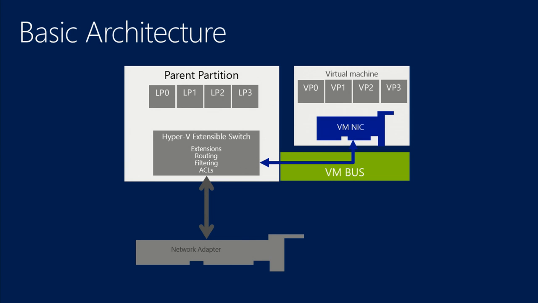Go ahead. Would the virtual processor be running threads over any of these logical processors over time? Yes, that's correct. So the question was, the virtual processors inside the VM can be running across any of the logical processors inside the host. And that is correct.